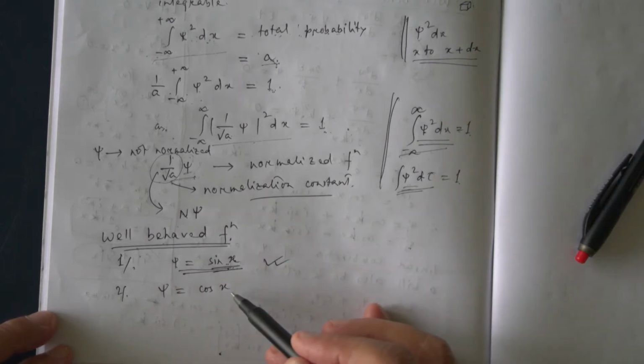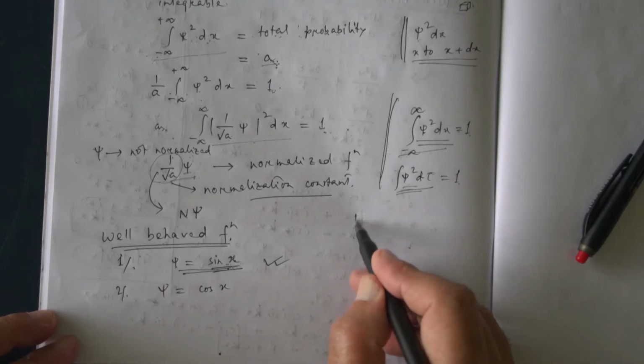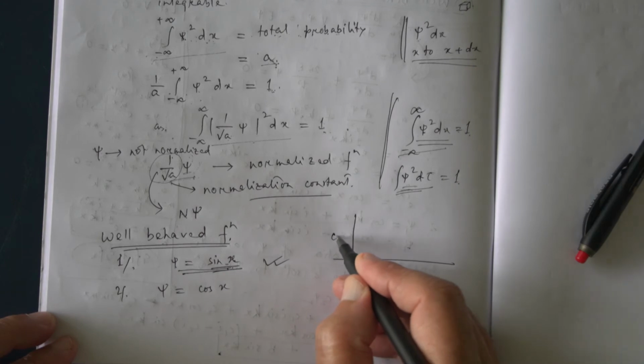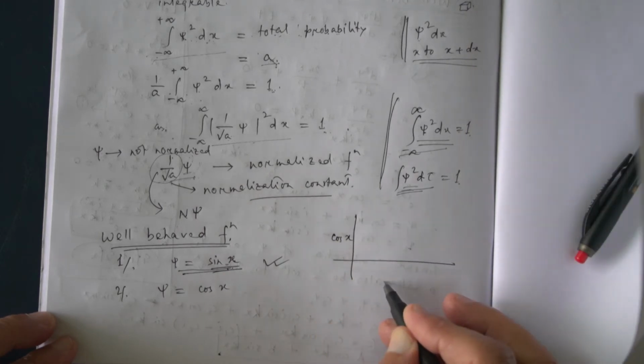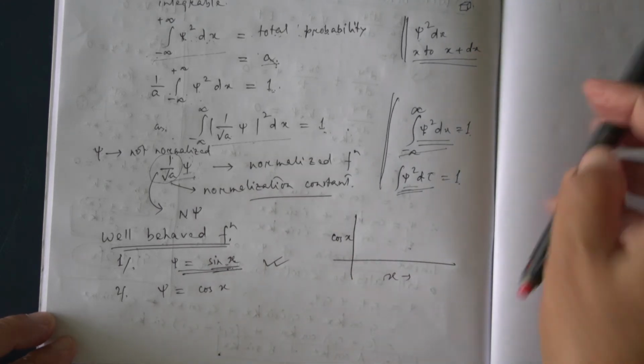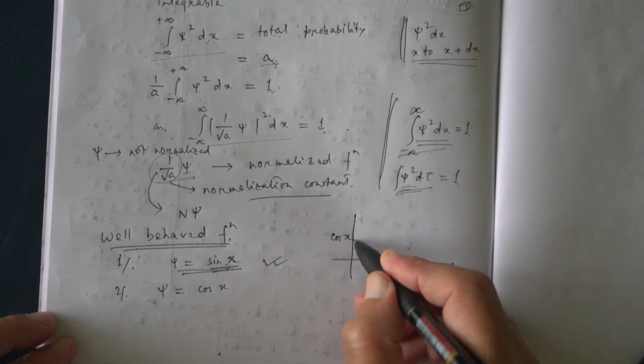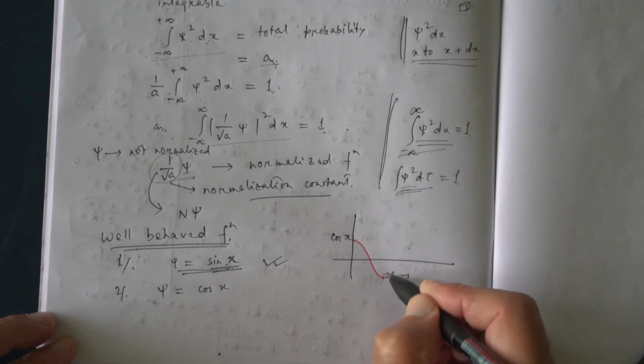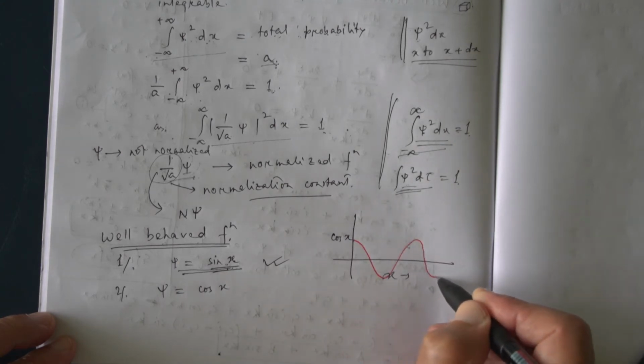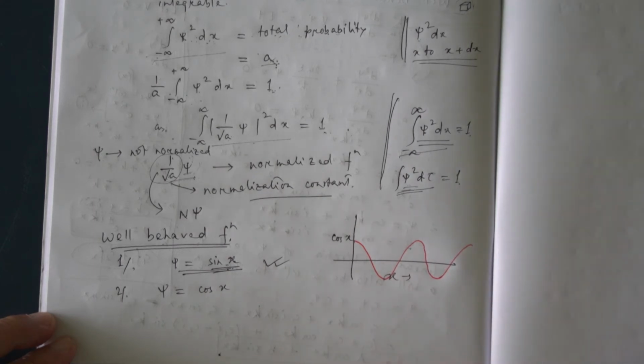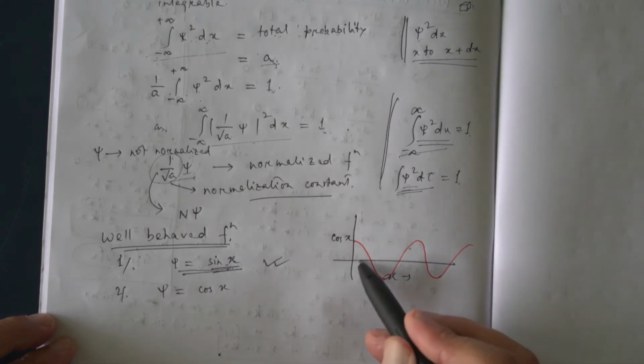Again, this function is well-behaved. Why? Because if we draw cos x versus x, the graph will be like this. So again, it is single valued.